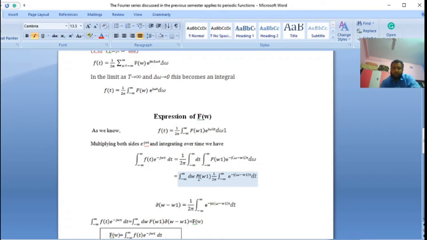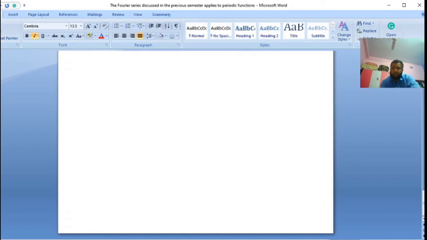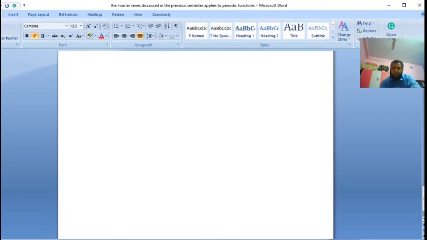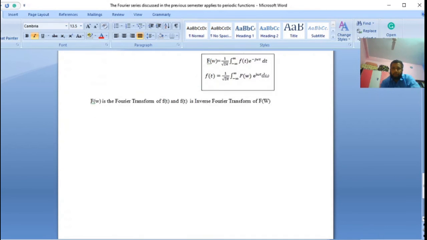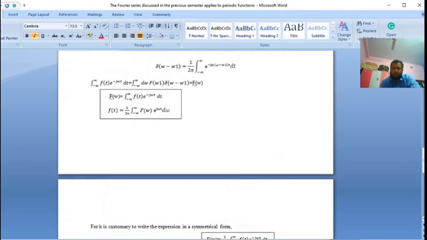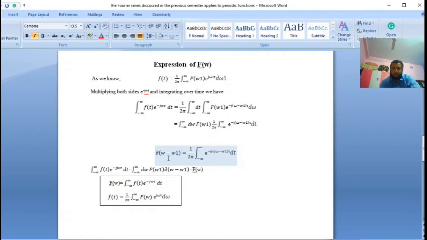Now I have taken out d omega and F(omega), and we are integrating over time. So this integration over time will give me the delta function.